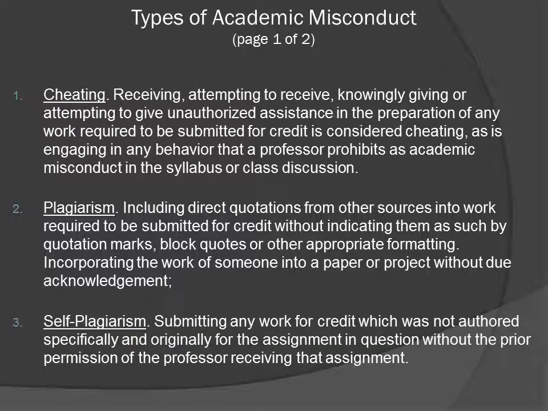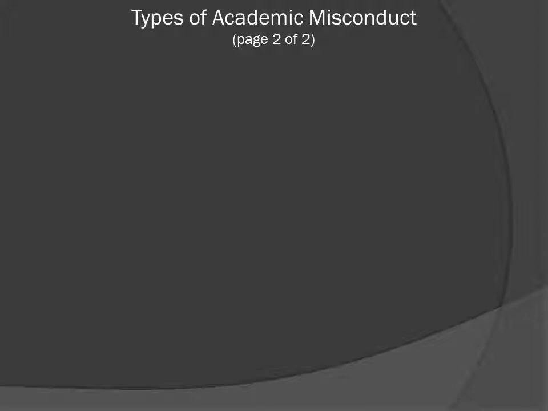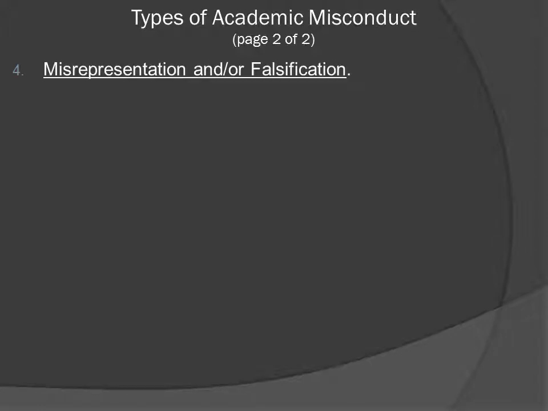Submitting a paper for one class and then turning around and submitting the same or substantially similar paper in another class. If you would like to do a similar topic in 2 classes, you need approval of both professors prior to doing that. Misrepresentation or falsification of records, of your student ID card, of a parking permit, anything like that.